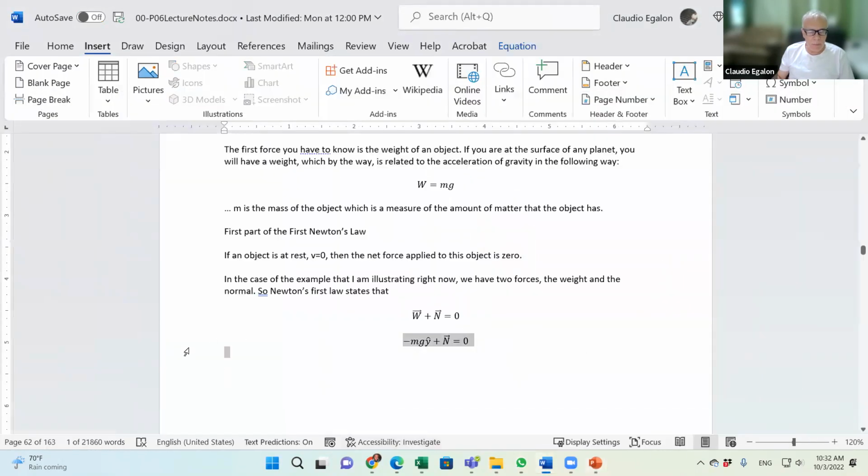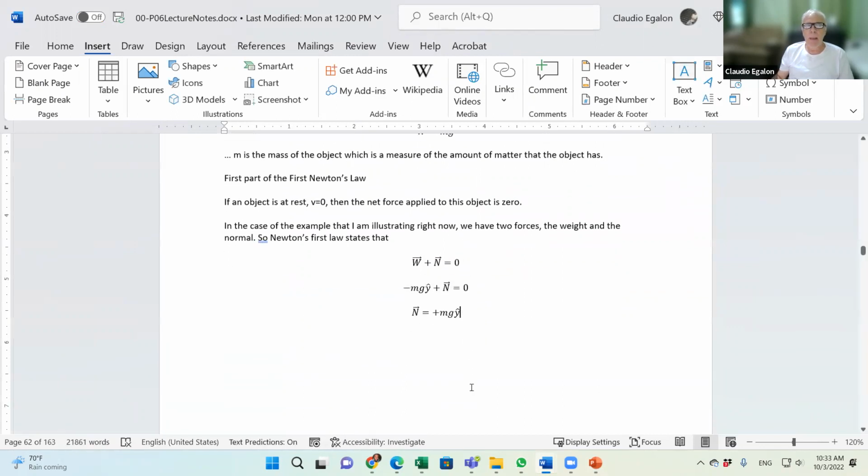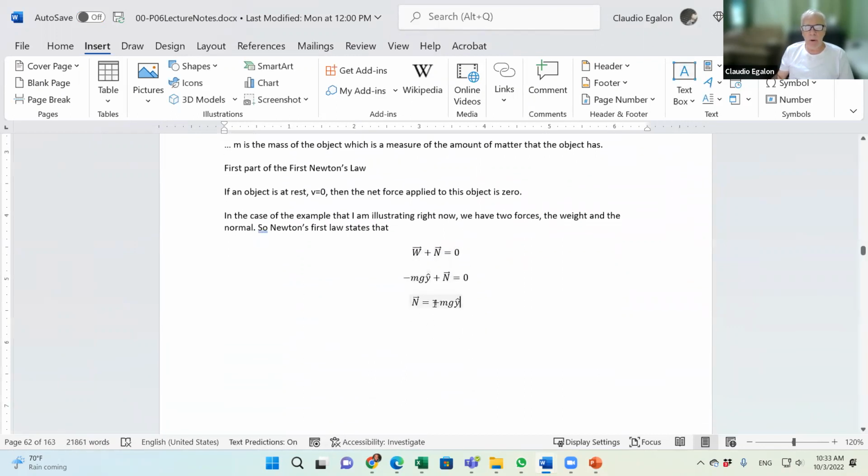So now we can solve this problem just the way we solve any algebraic equation, and we find that the normal is going to have the same magnitude as the weight, but opposite direction. So compare this normal with the weight.